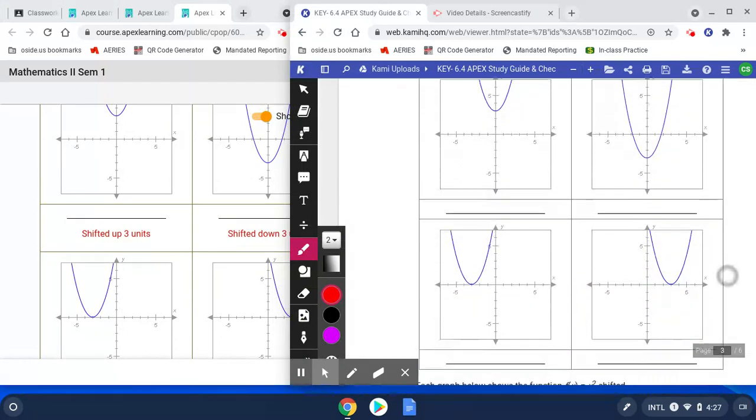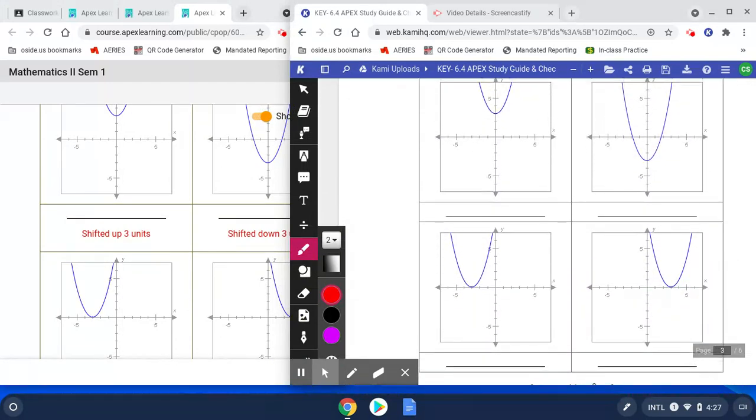Let's just look at some graphs now. If this original function started down here at the origin, where would we say that it shifted? And we would say that it shifted up 3 units. 1, 2, 3. How about this one right here, starting at the origin, looking at where it shifted, it went down 3 units.